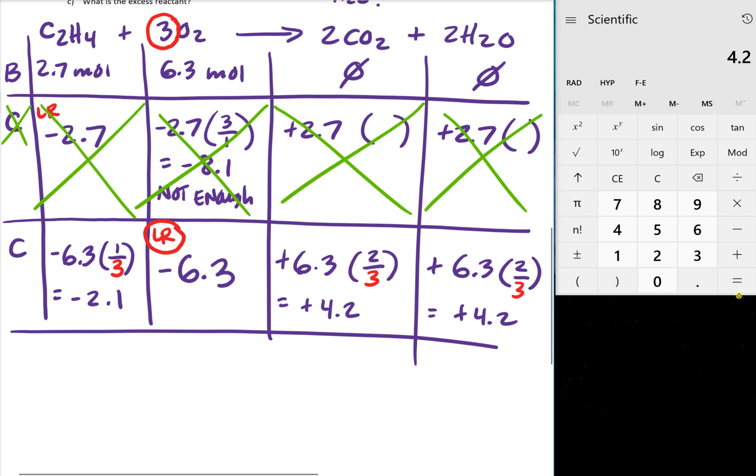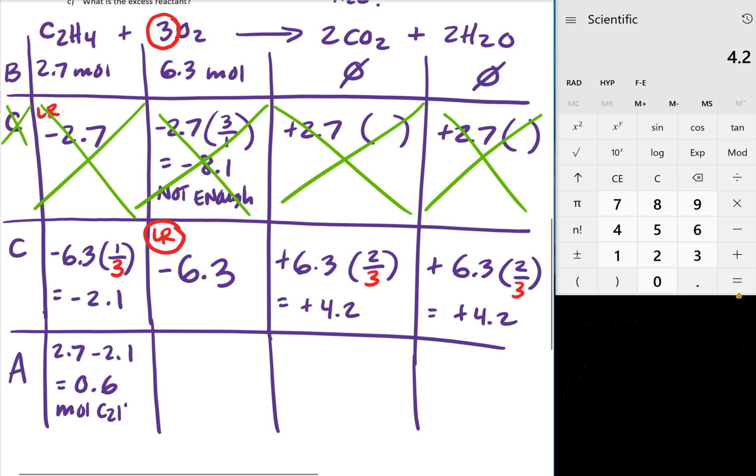The after row is the combination of B and C together. So C2H4 starts as 2.7, and we are minusing 2.1. So that's going to be 0.6 moles of C2H4 that are left over. Your oxygen is limiting, so it should be 0 at the end.